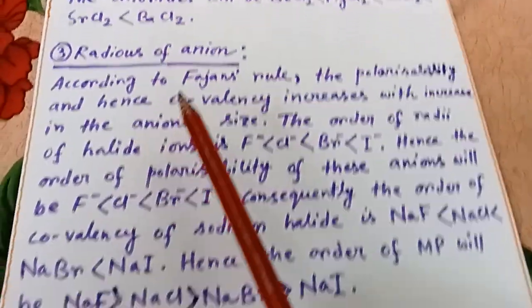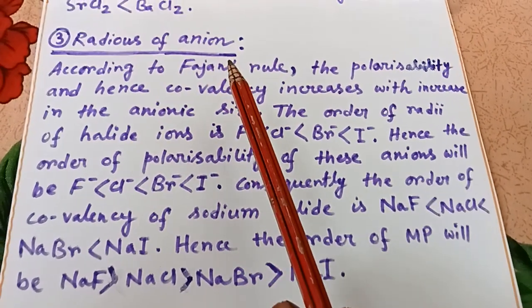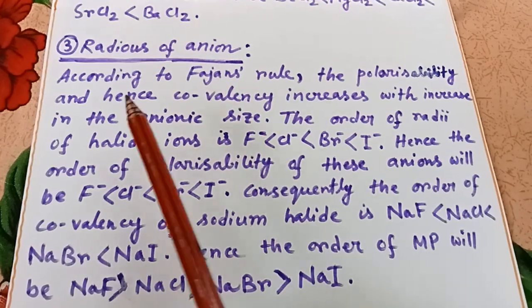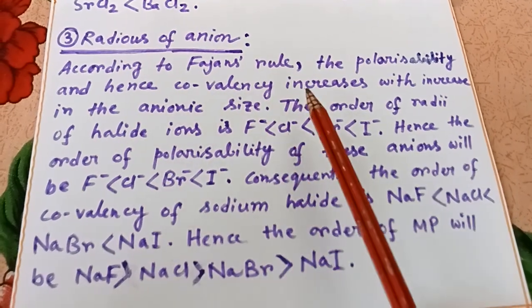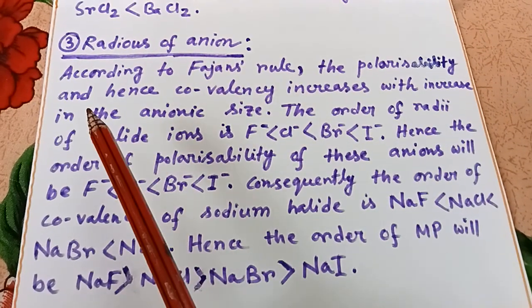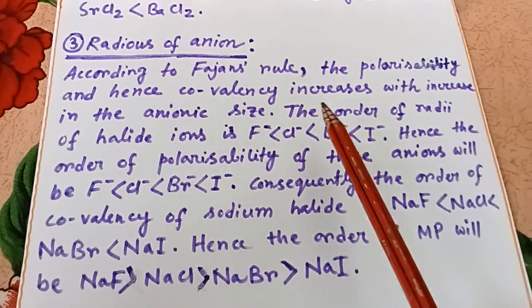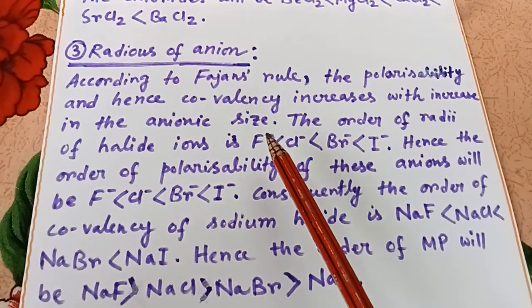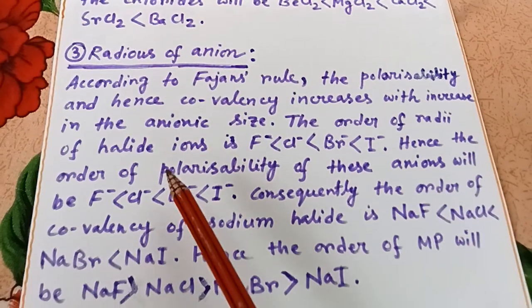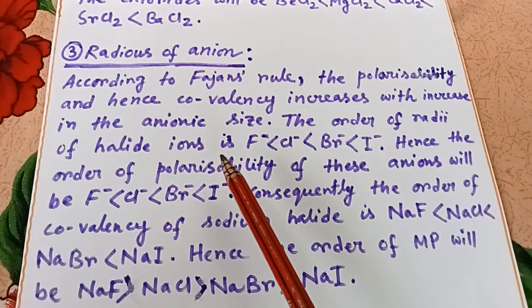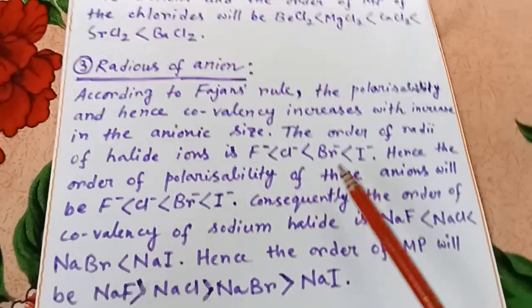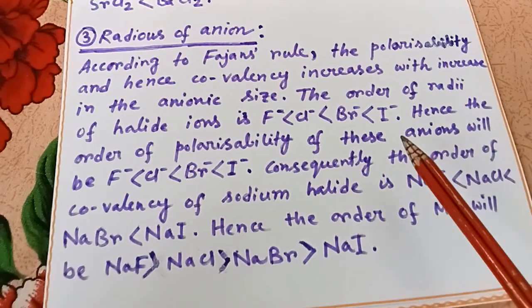Radius of anion. Now we consider radius of anion. According to Fajans rule, the polarizability and hence covalency increases with increase in the anionic size. The order of radii of halide ions is F minus less than Cl minus less than Br minus less than I minus.